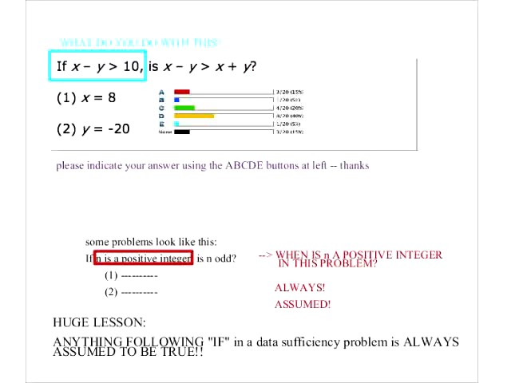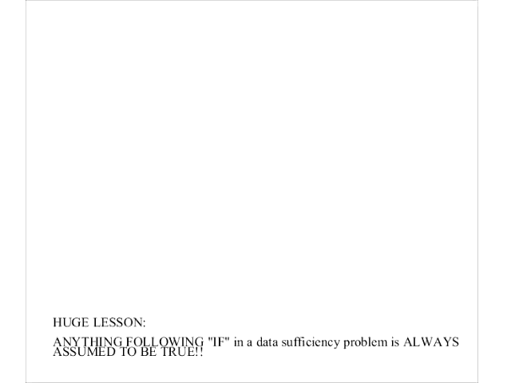So we'll come back to this problem in a second, but let's show you how to rearrange this. Let's do a general template for this sort of thing, because you're going to want to rearrange the question. So if you see a data sufficiency question that looks like this, if some statement, I'm going to use color coding for this because color coding is cool.